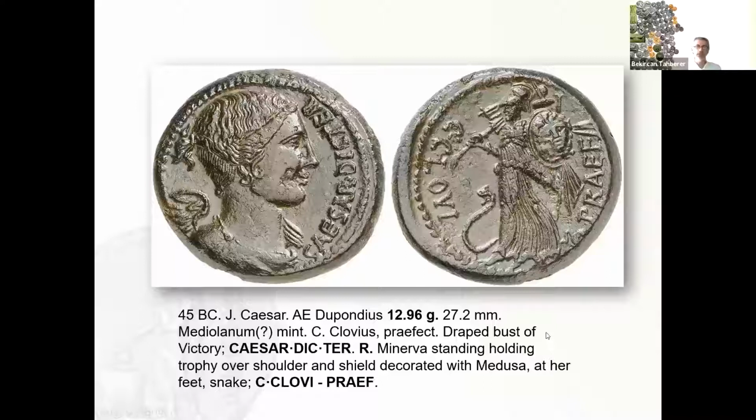So issuing a bronze coin after a long time during Civil War was important for us to understand what was going on. Of course, this was not so extensive. It's just one dupondius, one type of coinage that we know. We don't know if they had other denominations at that time, but it is remarkable.